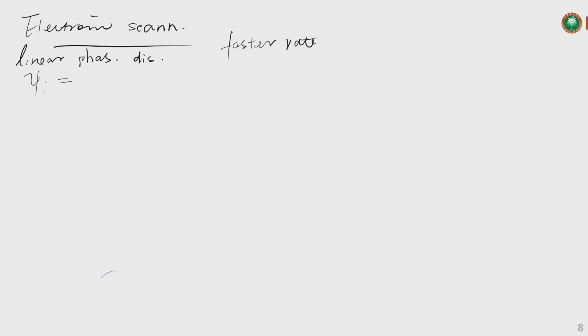distribution. So first, assume psi 0 equals 0, and psi 1 equals minus theta 0, and psi 2 equals minus 2 theta 0 also, and psi n minus 1 equals minus (n minus 1) times theta 0.